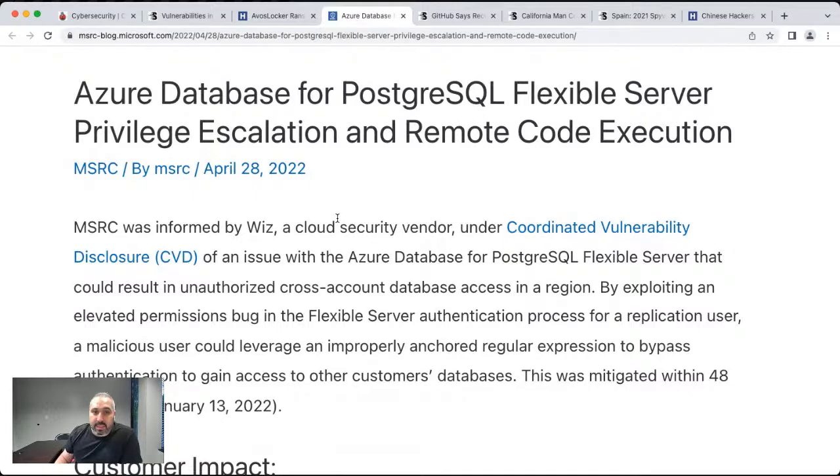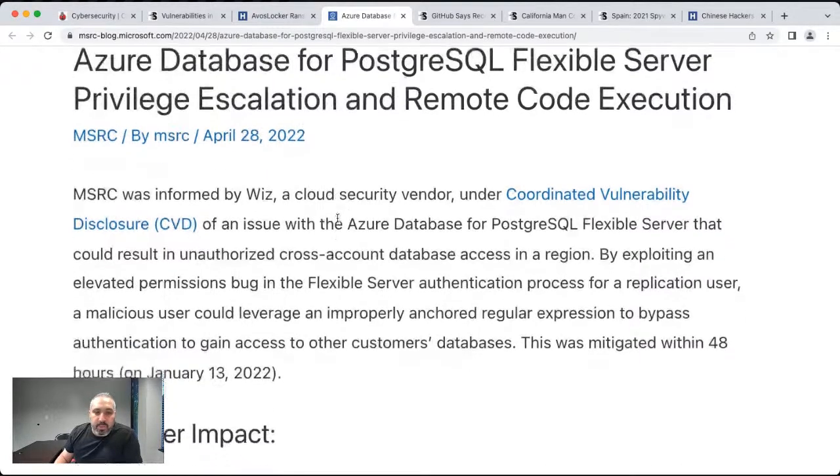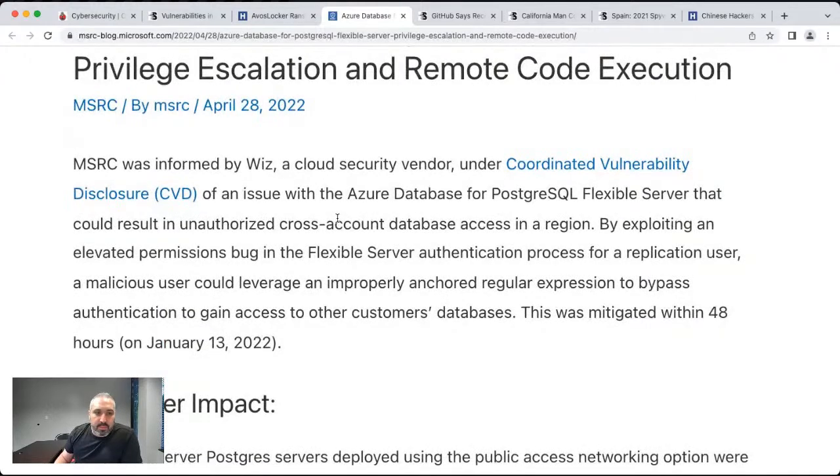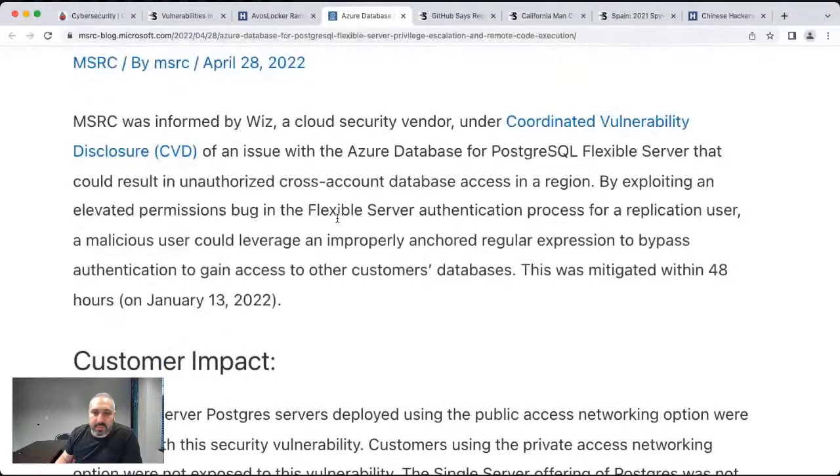Azure reports that their Azure Database for PostgreSQL Flexible Server had a privilege escalation and RCE issue. Microsoft was informed of a coordinated vulnerability disclosure of an issue in the Azure Database for PostgreSQL Flexible Server that could result in unauthorized cross-account database access in a region.